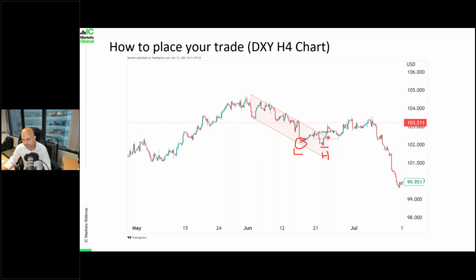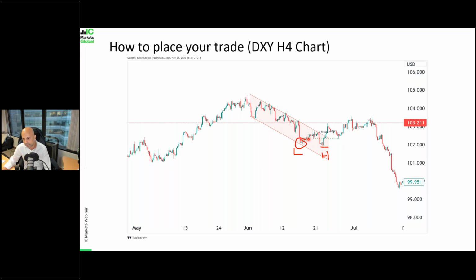As price breaks above the upper trend line of the bearish channel, it also goes above the previous high, and then starts to drop, all the way down to very close to where the left channel was.